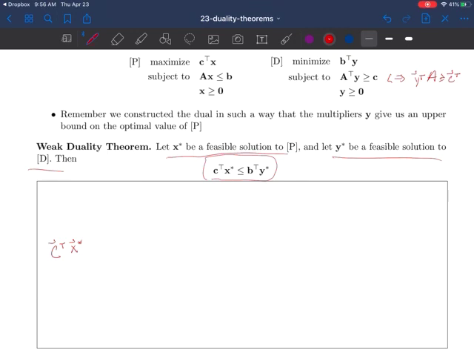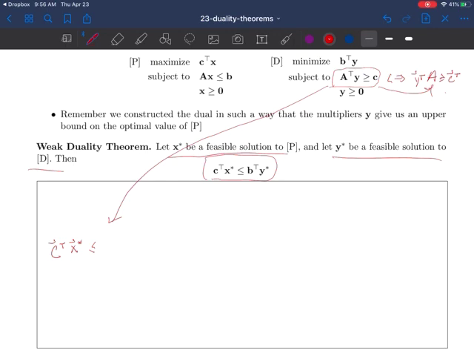It's c transpose x star. Well, what's true here is that in the dual, I can use the dual expression and replace it, seeing this equivalency. So now you start to see why I wrote out the c transpose.